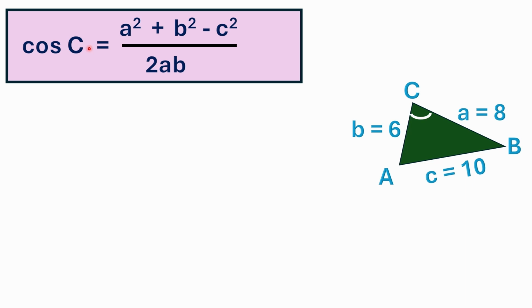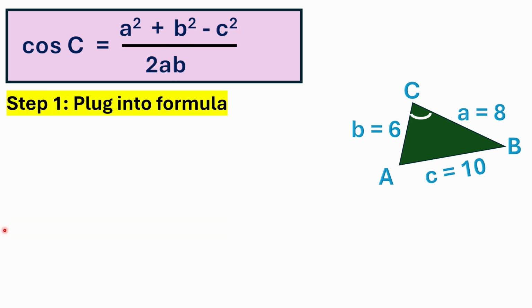We are going to apply the formula cosine C equals a squared plus b squared minus c squared all over 2ab. Then the first step is to plug into the formula. We will substitute the values of a, b, and c.